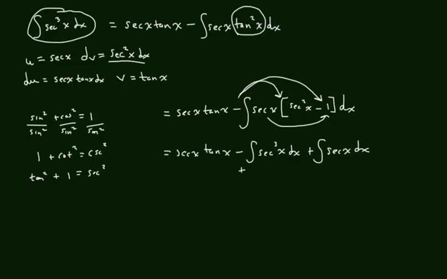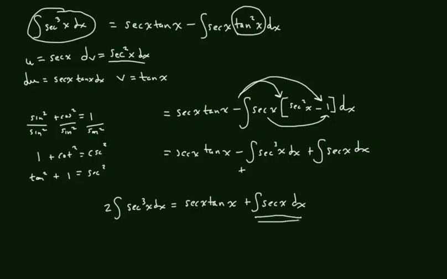I'm going to add this to both sides, so I get 2 times the integral of secant cubed x dx equals secant of x tangent of x plus the integral of secant of x dx. Do you know this one?